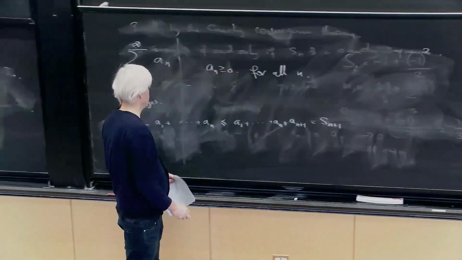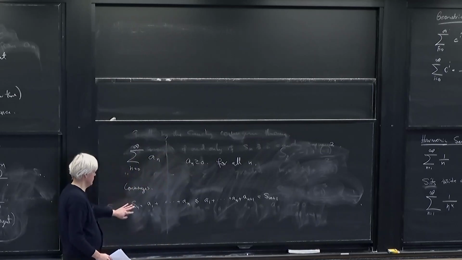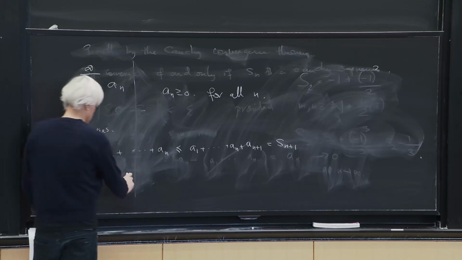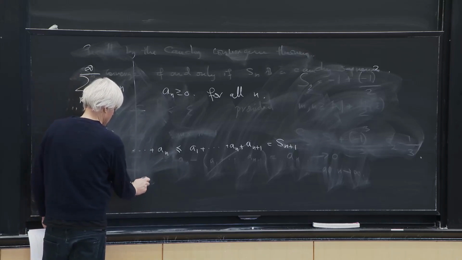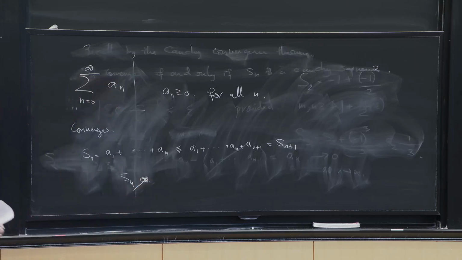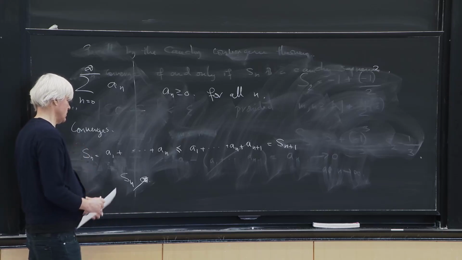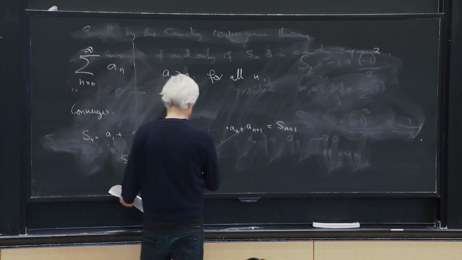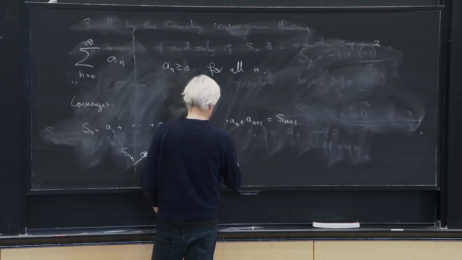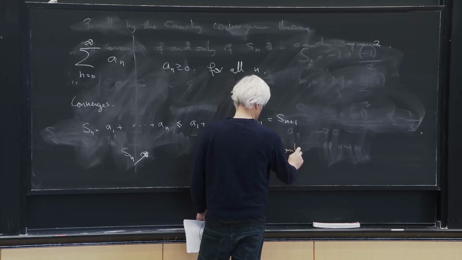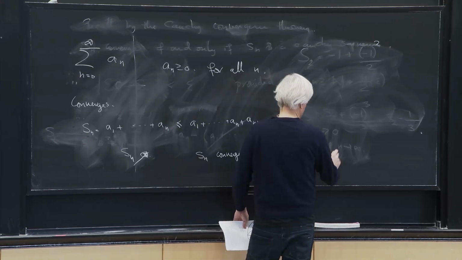So you see that if the elements are non-negative, then the sequence S_n is monotone, non-decreasing. And so by the monotone convergence theorem, to say that this sequence S_n is convergent is equivalent to saying that S_n converges if and only if S_n is bounded from above.